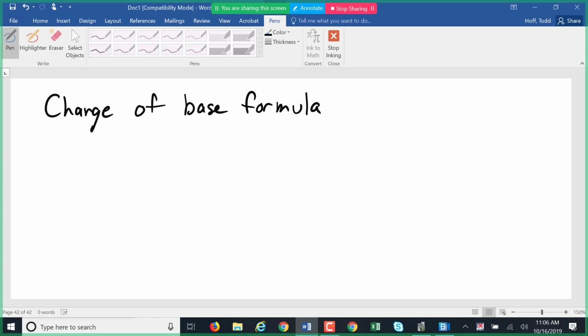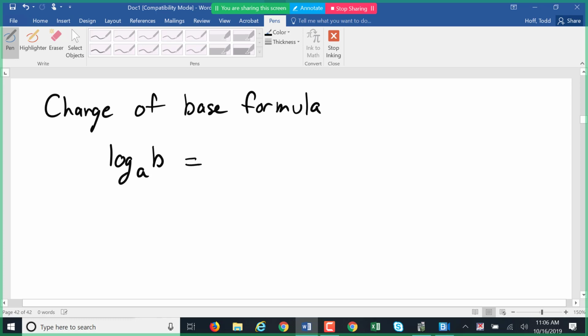What the change of base tells us is if we were trying to do a log base a of b, that is equivalent to log of any base of b divided by the log of that same base of a.